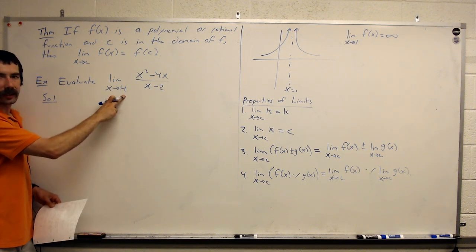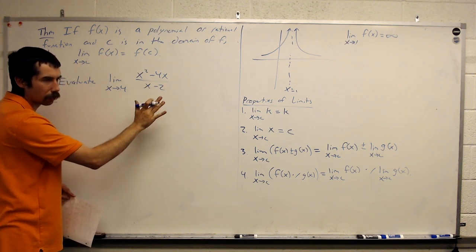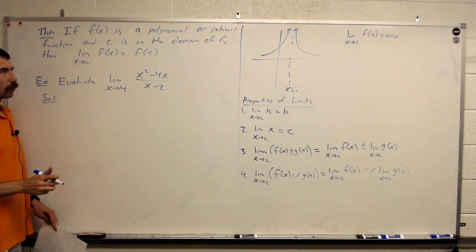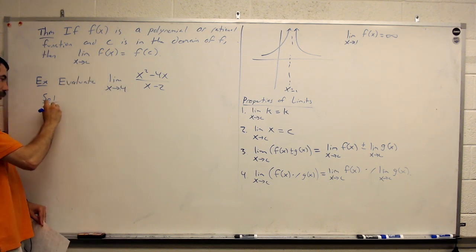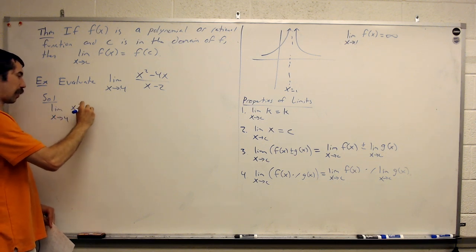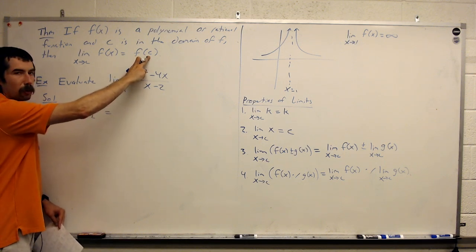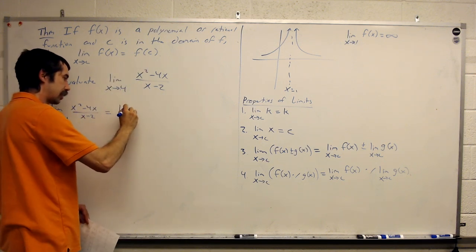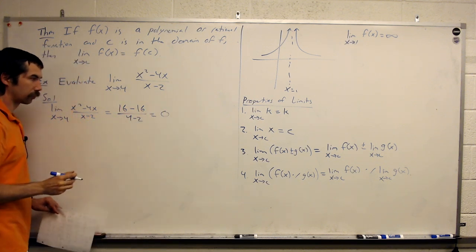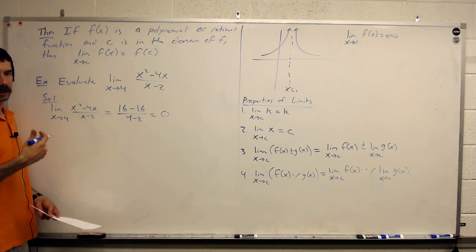And 4 is in the domain of our function, right? The domain is, as long as we're not dividing by 0, so x equals 2, we're good to go. And so the theorem says the limit as x goes to 4 of x squared minus 4x over x minus 2 is equal to, you just sub in 4 for x. 16 minus 16 over 4 minus 2, which is 0. All right, so it's as simple as that. The first thing you should do to evaluate limits is just plug the number in.